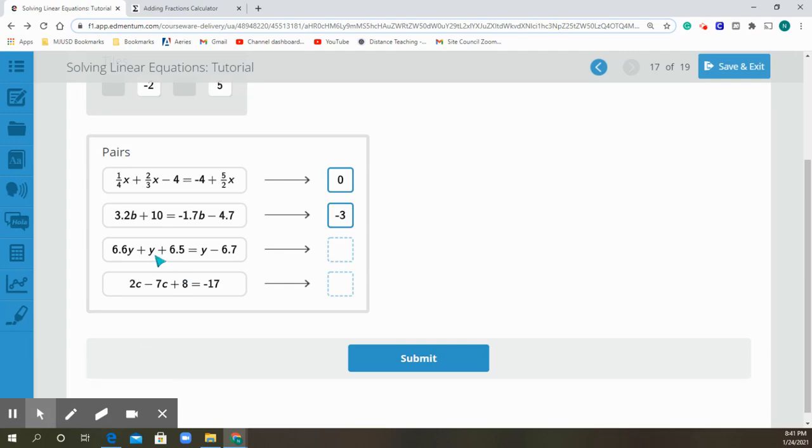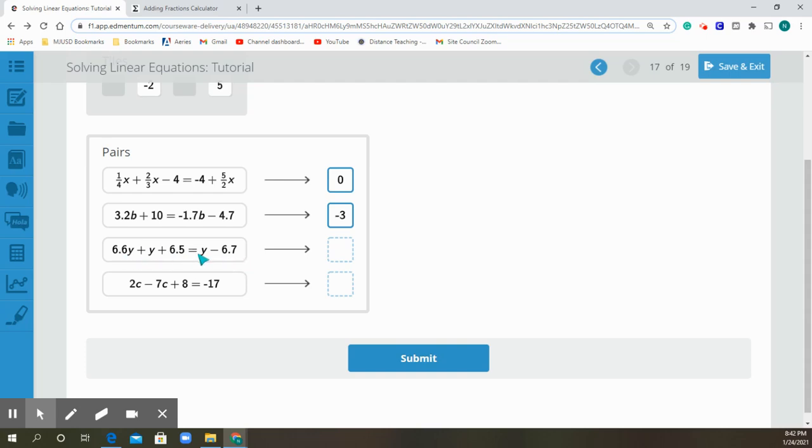All right. On this one, let's see here. I'm going to subtract the 6.75 from this side, subtract it from over here.